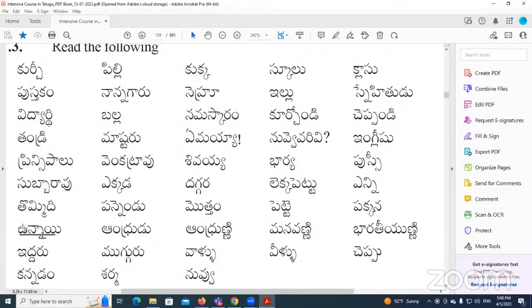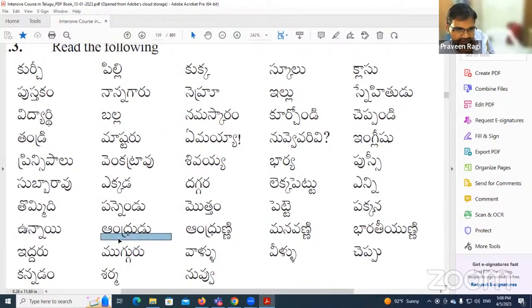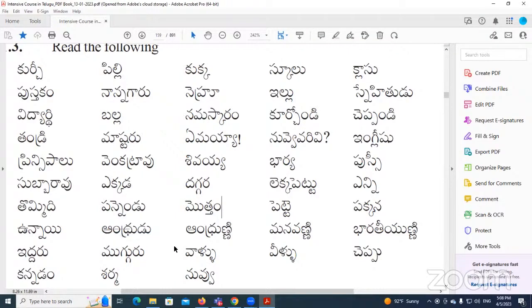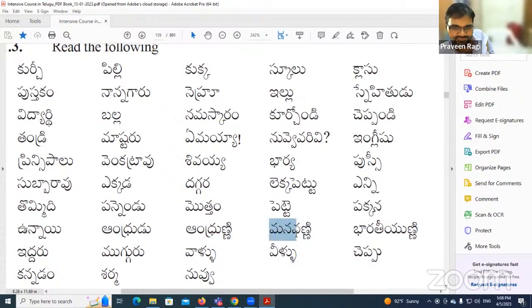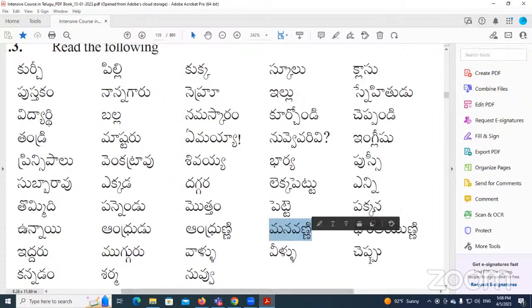Unai, they are there, plural. Andhrudu is a male from Andhra. Andhrani is like saying I'm from Andhra. Manavarni, I am the grandson.